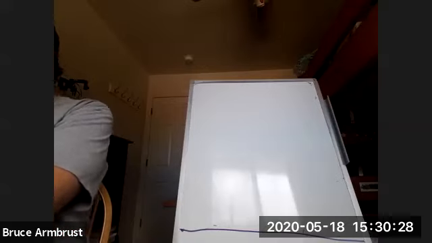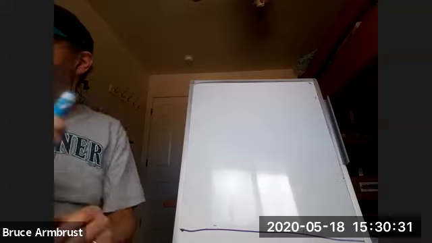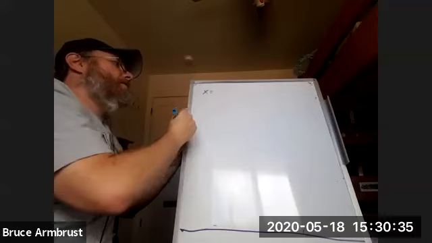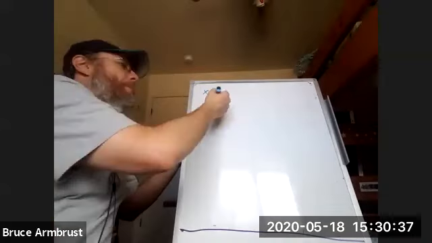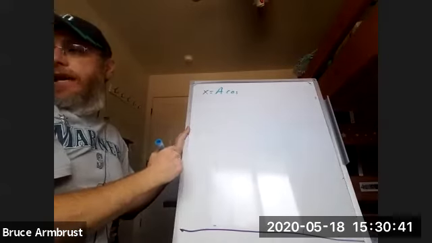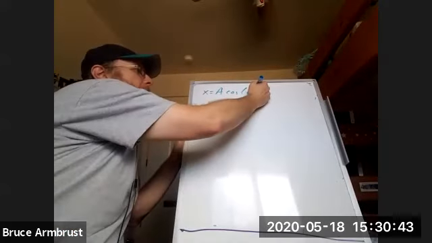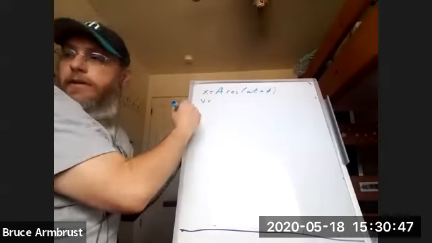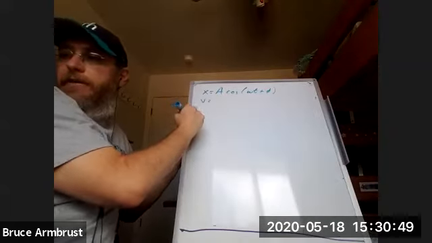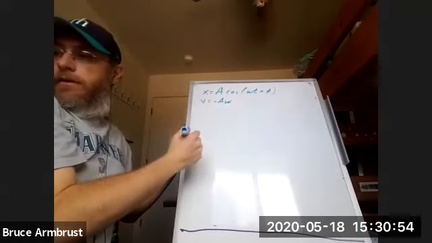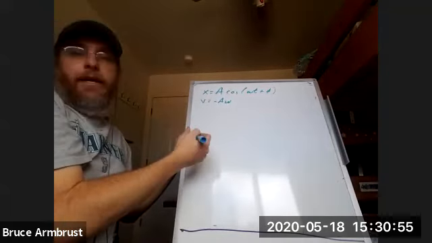So if we go back and we look, we saw that position, and we can do this with sine or cosine, it doesn't really matter, but I'm going to use cosine because I'm a big fan. So we know x is going to equal A cosine of omega t plus phi. So then our velocity is minus A times omega times sine of omega t plus phi.